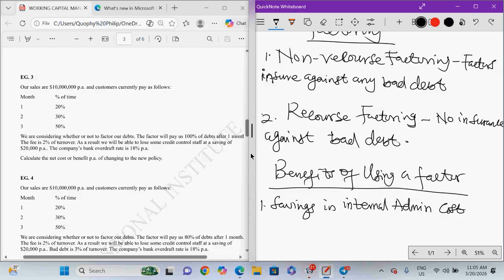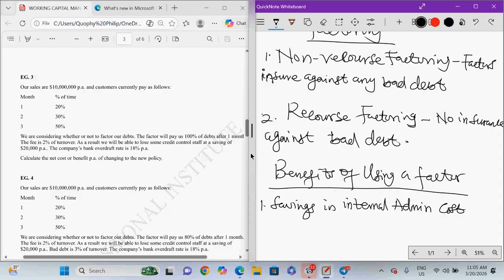When you are going to get the receivables, you have to do some form of admin, incur some form of admin expenses, right? So now you're not going to incur any admin expenses with respect to the trade receivables, but it will be on the factor because you've hired them to do that for you. So they will incur the cost themselves.